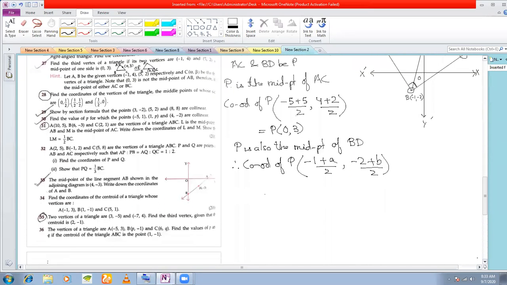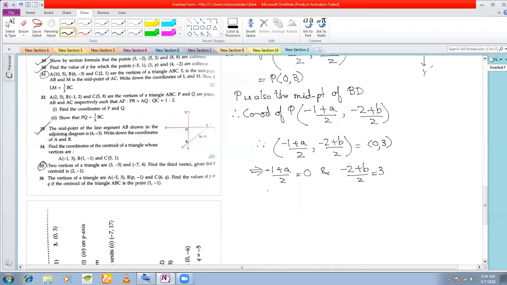We've got two expressions for P, so they must be equal. Therefore, minus 1 plus A divided by 2 is equal to 0, and minus 2 plus B divided by 2 is equal to 3. Now I solve these two equations.